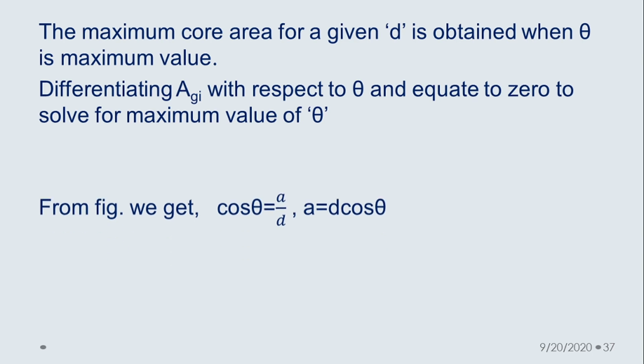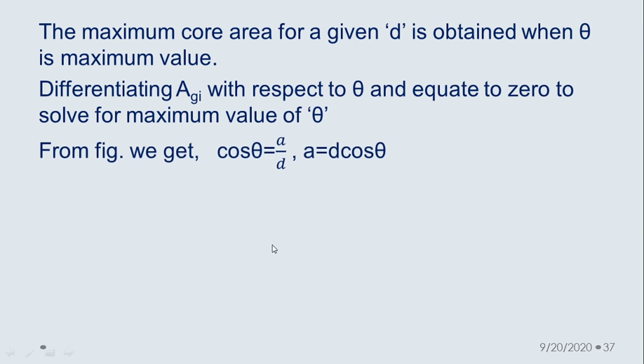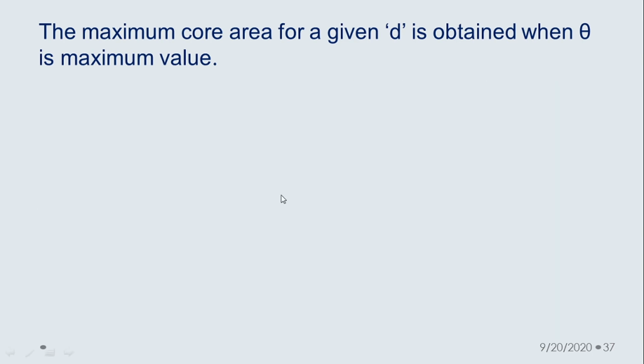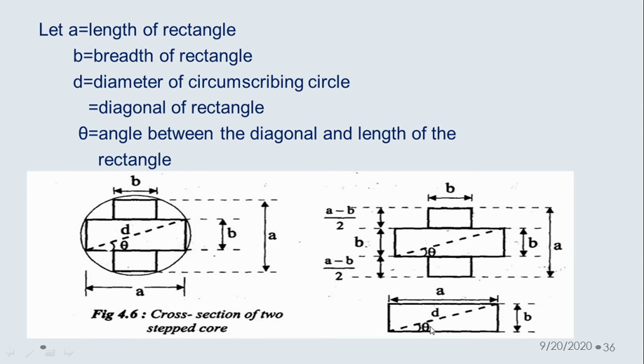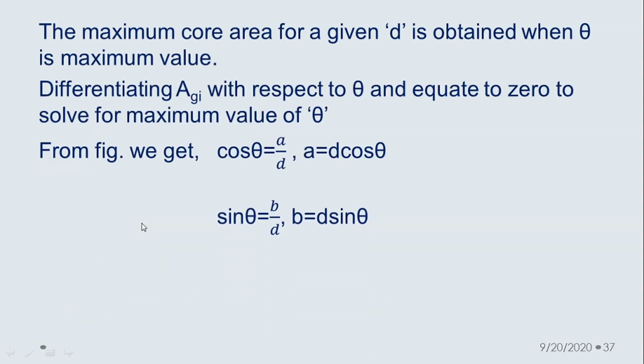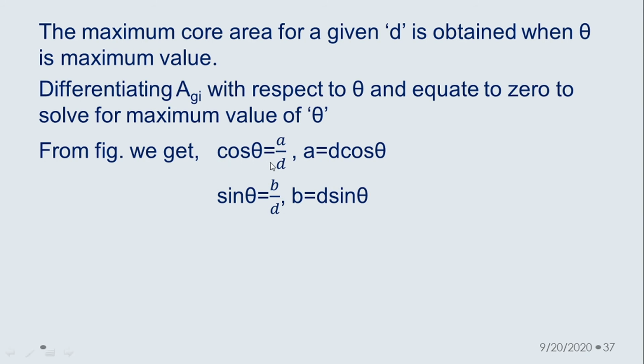So from the figure we can say that cos theta is equal to A by D, and we can write it as A is equal to D cos theta.